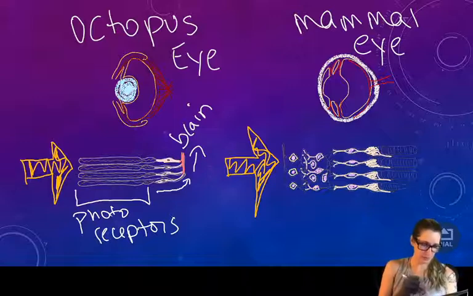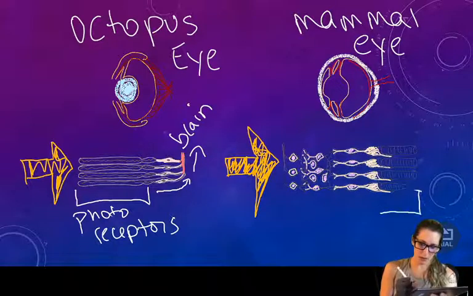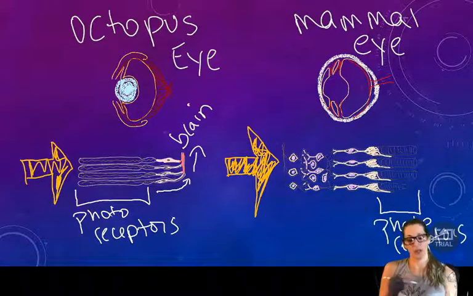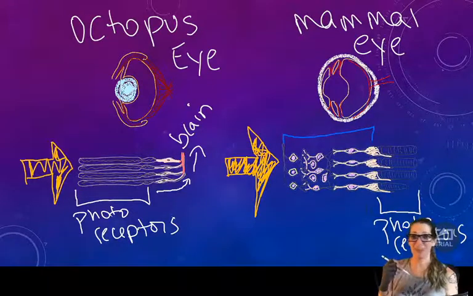Here's light, right here, coming in. Okay, cool. Our photoreceptors are way back here. Do you see all this mess that light has to pass through to get to our photoreceptors?